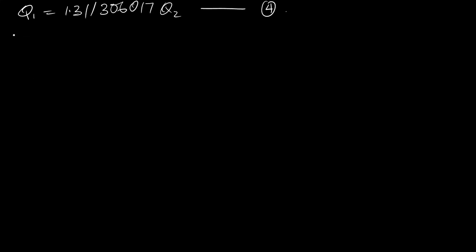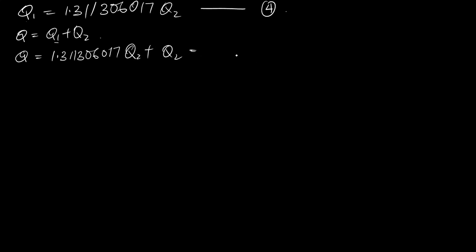Now from equation 1, we have Q is equal to Q1 plus Q2. Since we have gotten Q1 in terms of Q2, we substitute it into equation 1. We have Q is equal to 1.311306017 Q2 plus Q2. This will give us 2.311306017 Q2.